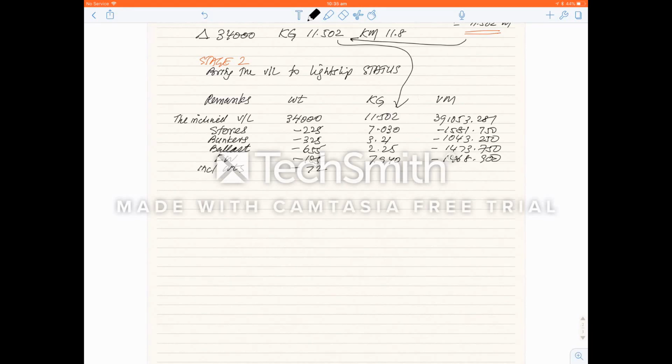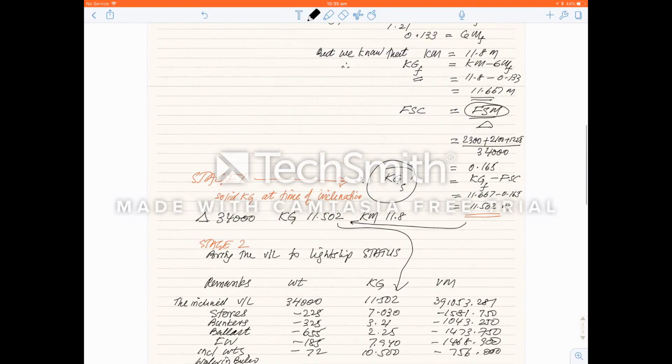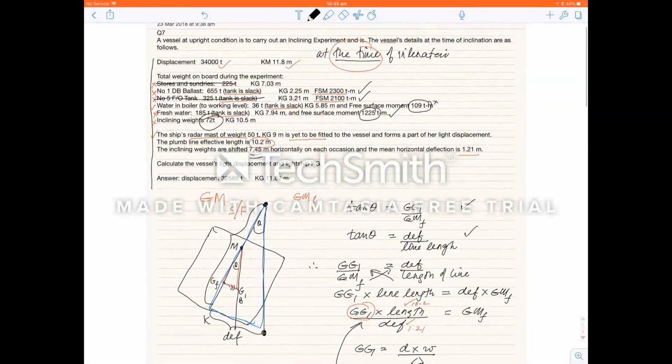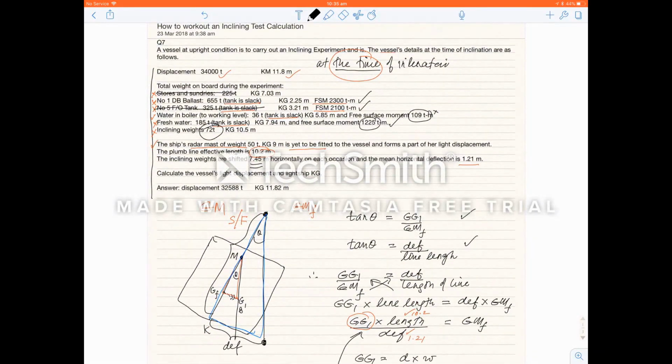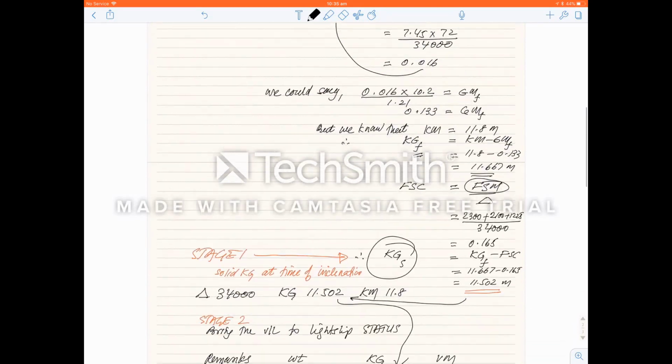Take that out. Water in the boiler is a part of light ship, and there is 36 tons there.